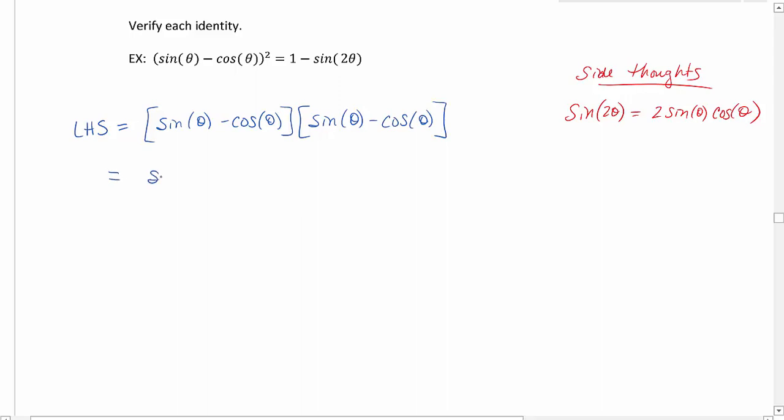Sine times sine is sine squared. Sine times negative cosine is a negative sine cosine. And then negative cosine times sine, that's another negative sine cosine. And then lastly, negative cosine times negative cosine gives us a plus cosine squared.